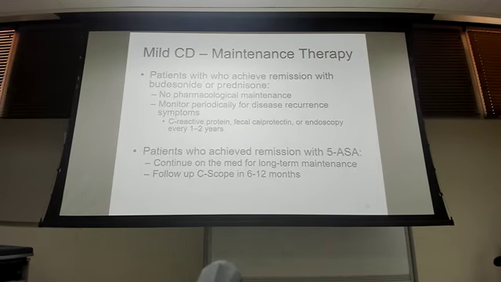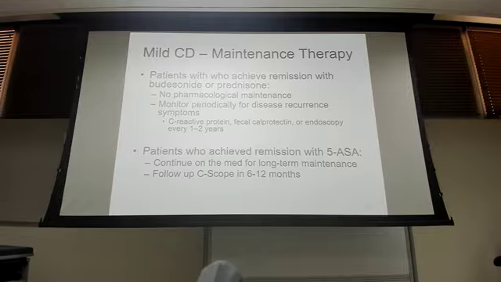So if we get induction, then we move to maintenance therapy for Crohn's. If your patient achieves remission with the budesonide or the prednisone, then we don't do any pharmacological maintenance. We just monitor for recurrence. How do we do that? With those inflammatory markers, C-reactive protein, fecal calprotectin, or we do an endoscopy every 1 to 2 years.